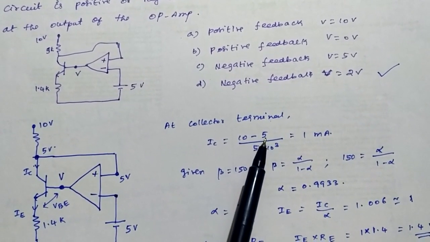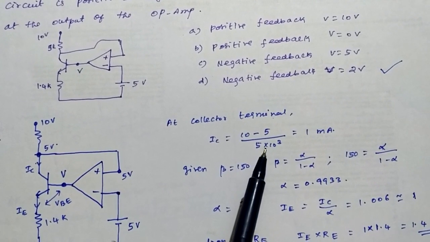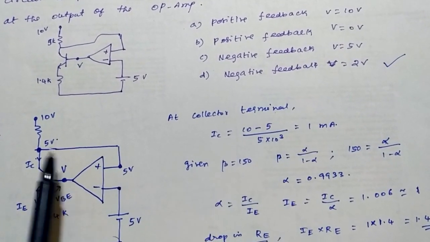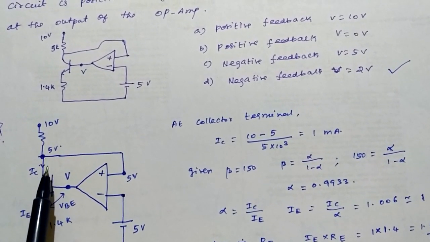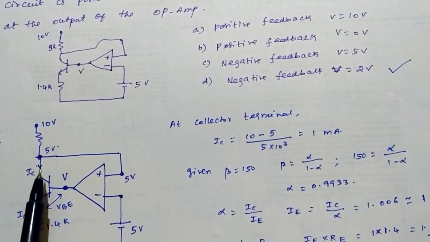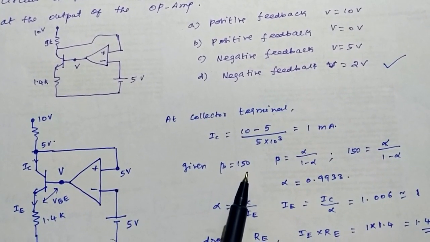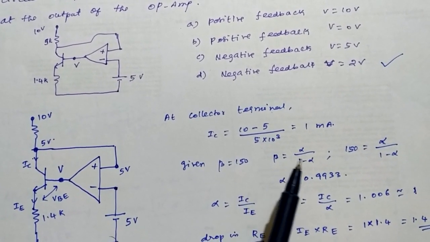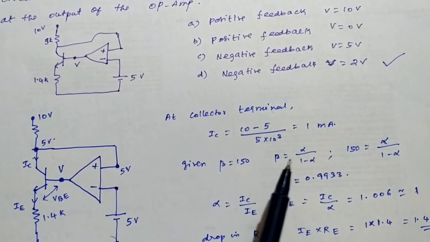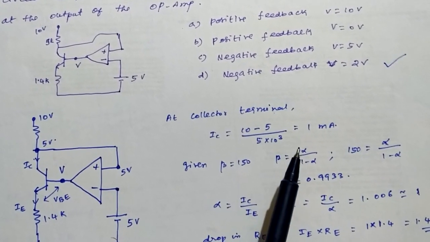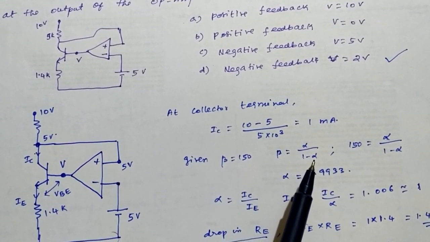So 10 minus 5 divided by the resistance value is 1 milliampere. So 1 milliampere current is flowing through as the collector current. Given beta is equal to 150, we know the formula between the two current gains in a transistor. Beta is equal to alpha divided by 1 minus alpha.